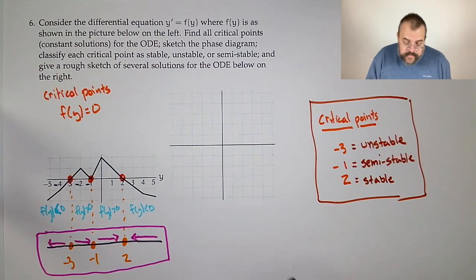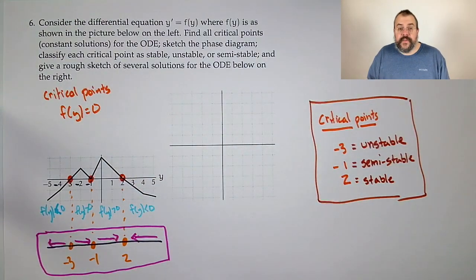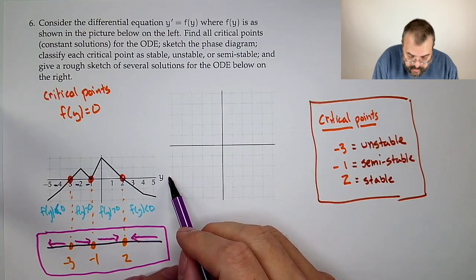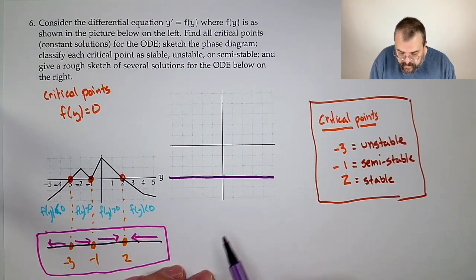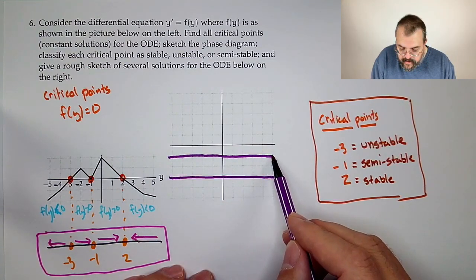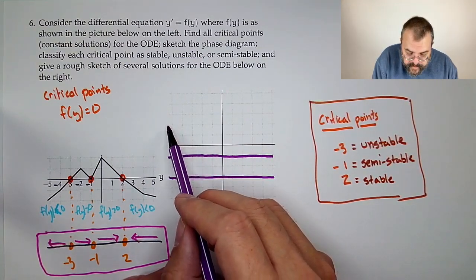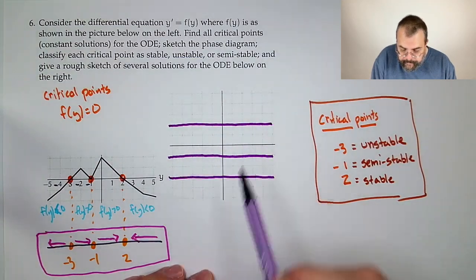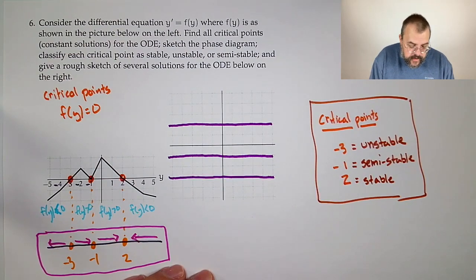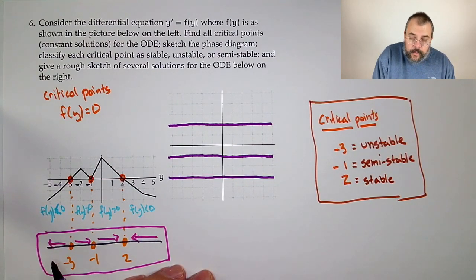And so the last thing that we haven't done is give a rough sketch. So we can draw the constant solutions. So -3 is here. So that's one of our curves. -1, okay, that's there. And then 2 is here. Now, from that, we say, okay, if we're below -3, we go down.